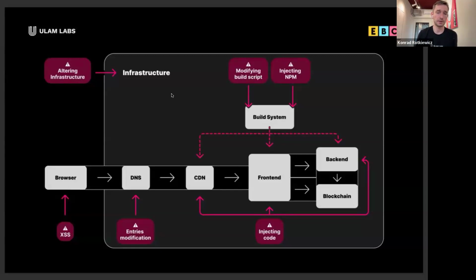On the white squares, you have the typical components starting from the browser that the user is accessing the application with. Then you have a DNS, content delivery network, a front end, back end, blockchain if you host your own node, or it's outside of the infrastructure if not, and then you have a build system.